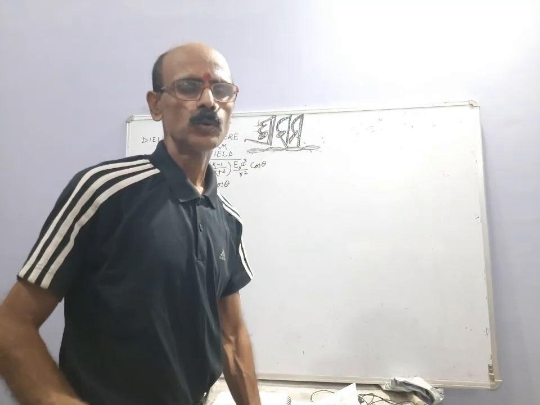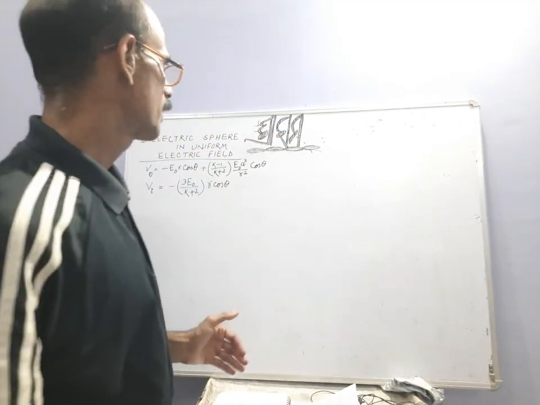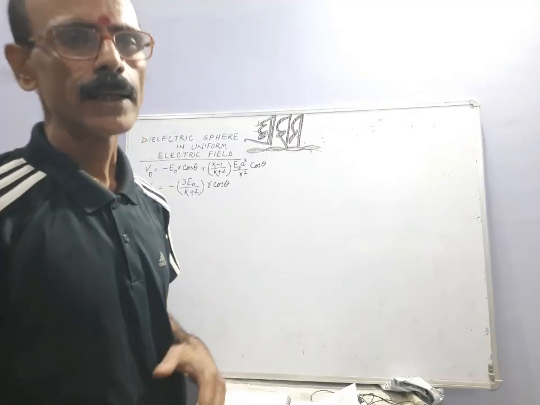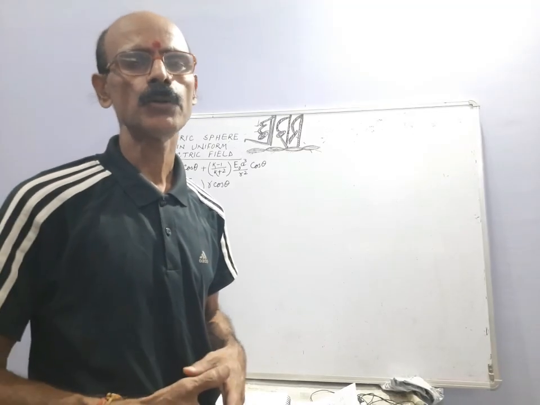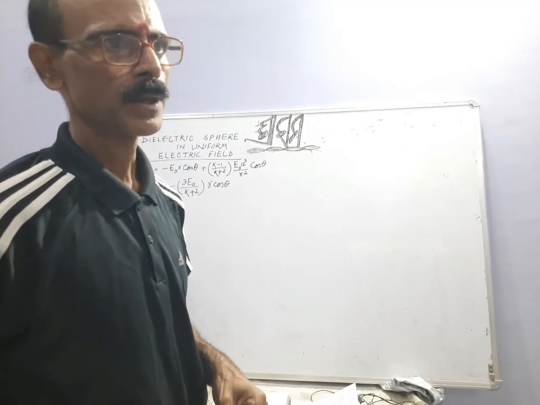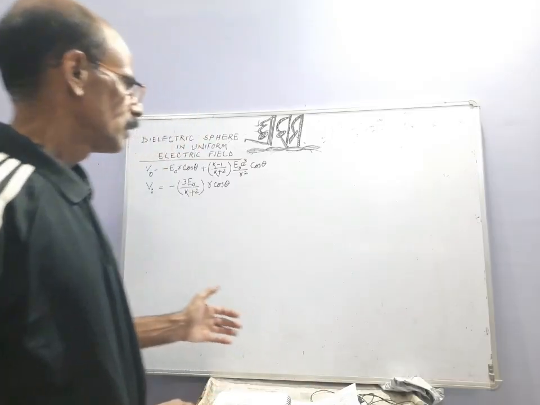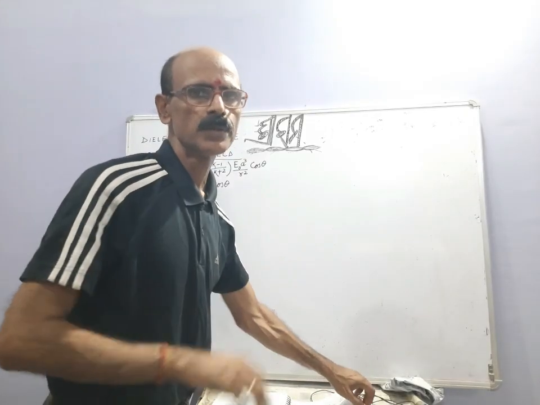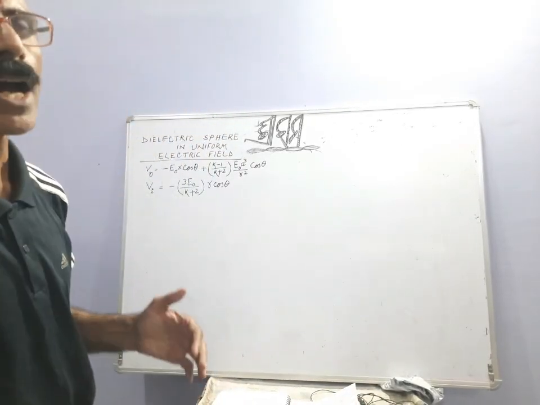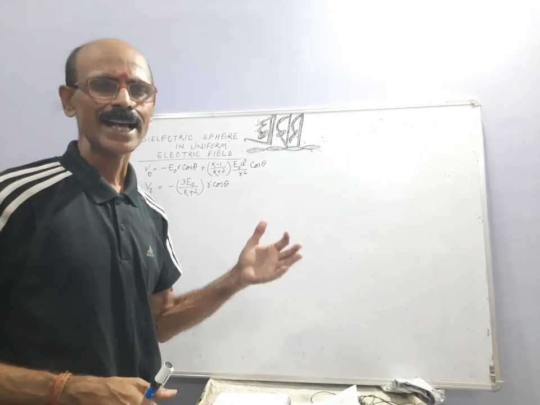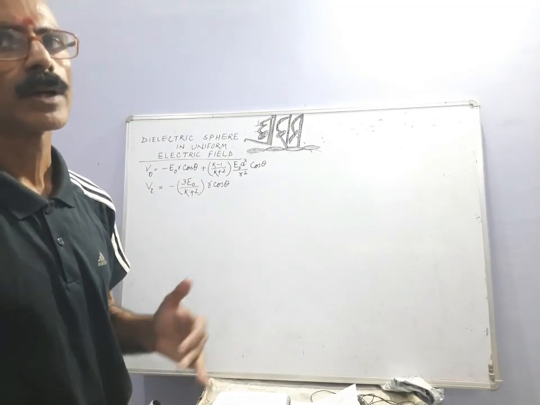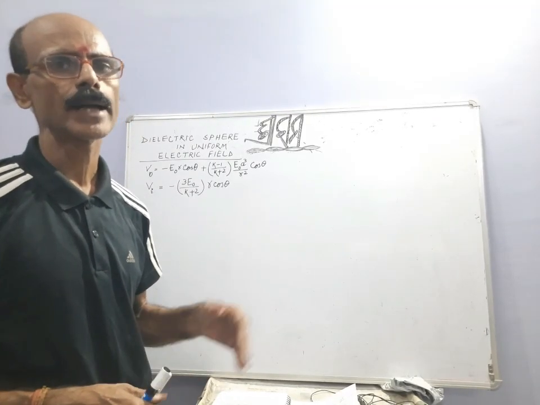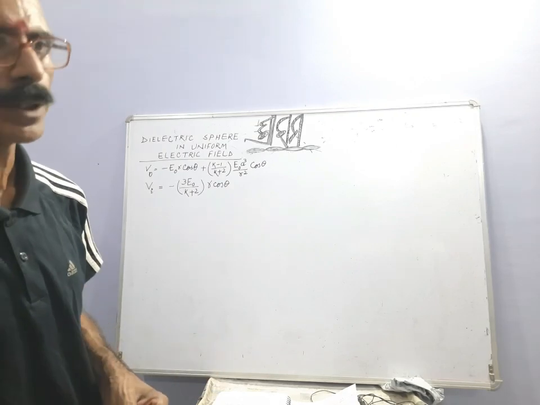In today's video, we will discuss the remaining part of the dielectric sphere placed in a uniform electric field. In the previous video, we had derived the expression for potential outside the dielectric sphere and inside the dielectric sphere.